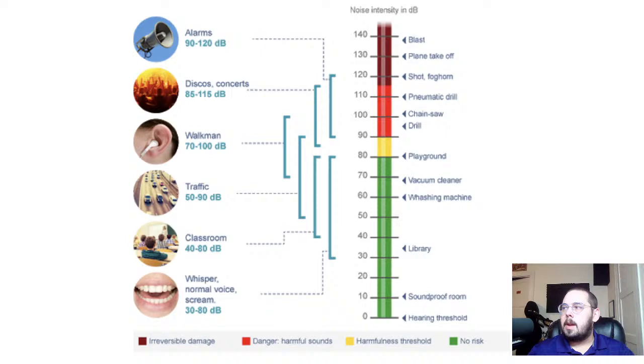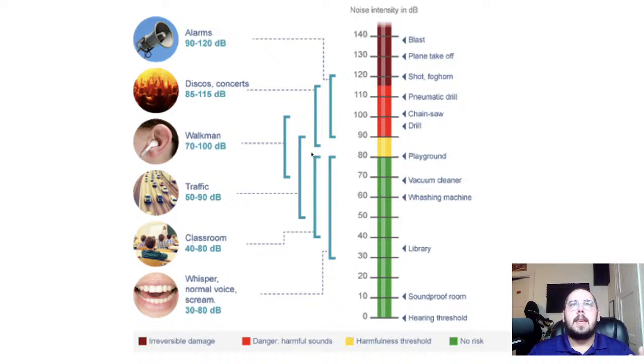This here is just a diagram kind of illustrating what I just mentioned about sound volume. So again, kind of this, 80 down, this green area, that's basically fine. No risk. And it shows some of the approximate sound volumes of some pretty common things.